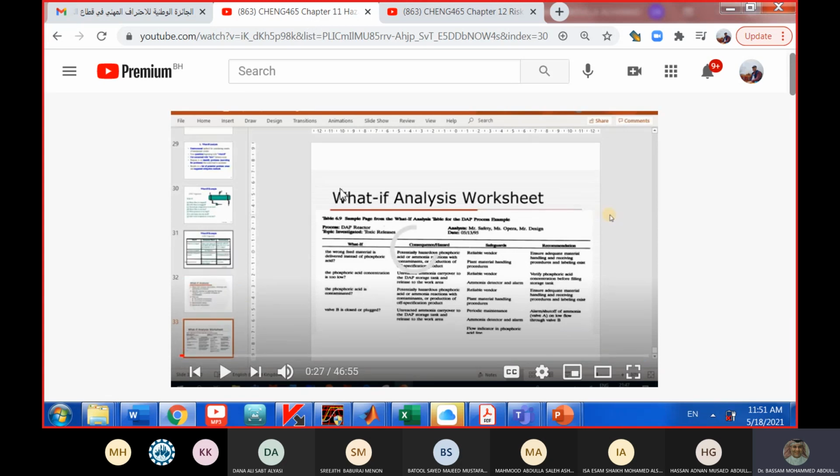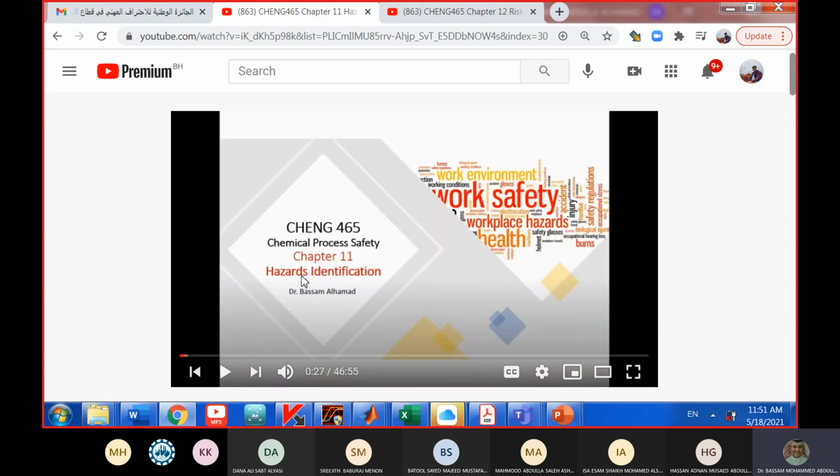We are going to take chapter number 11, which is hazards identification, very similar to fault mode analysis. But instead of saying fault, we are saying hazard, and instead of asking how did this fault happen and what are its consequences, we ask how did this hazard happen and what are the consequences of that hazard.